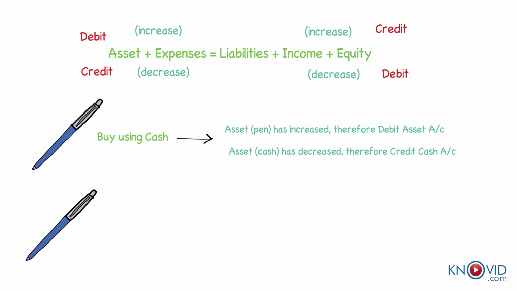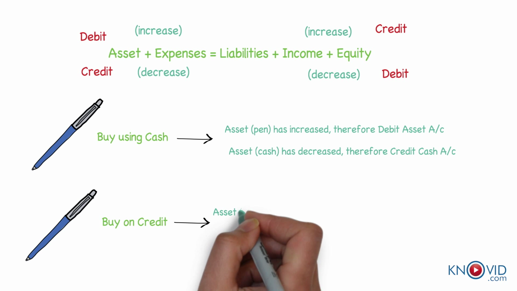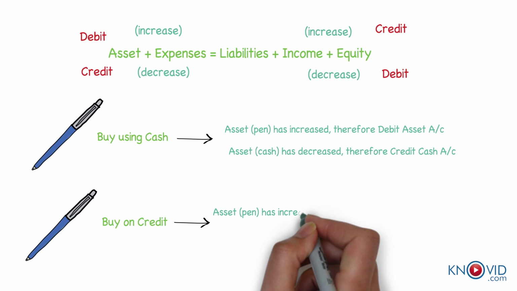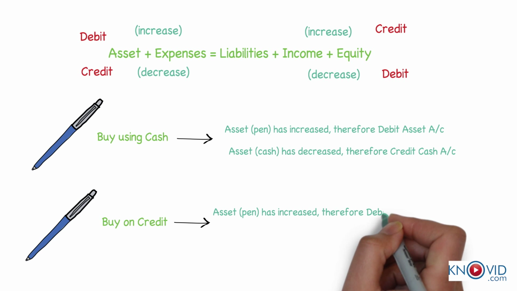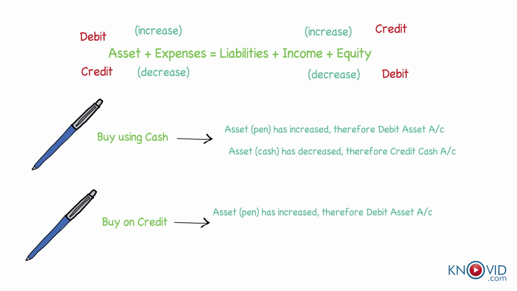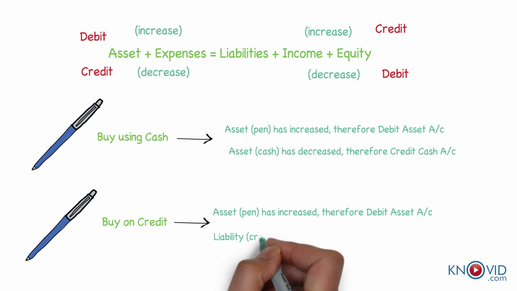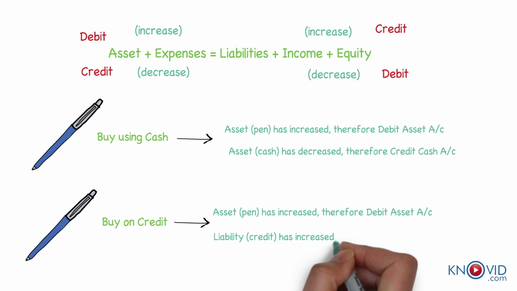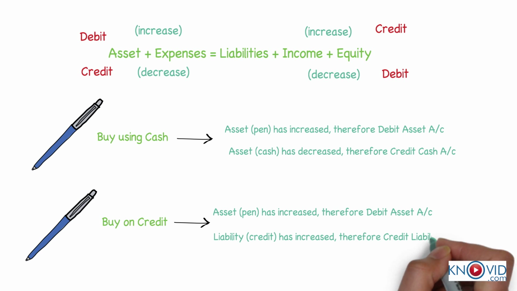Similarly, if I buy a pen on credit, I make a debit entry in my asset account as my asset has increased, and I make a corresponding credit entry in my liabilities account as my liability to pay has increased.